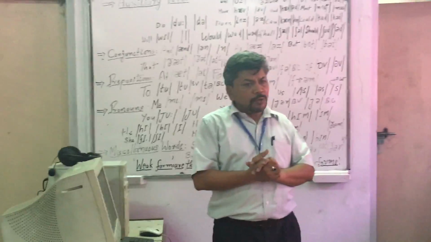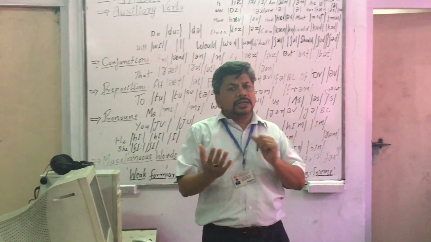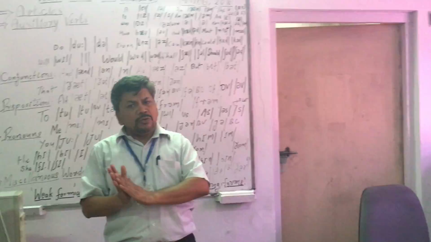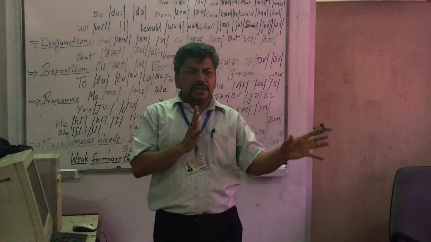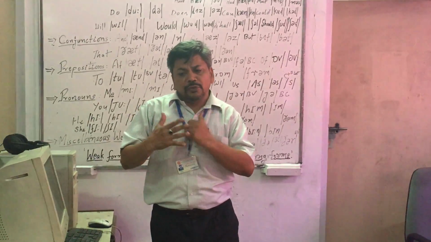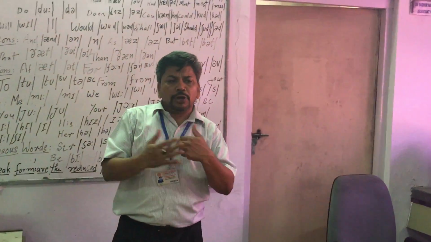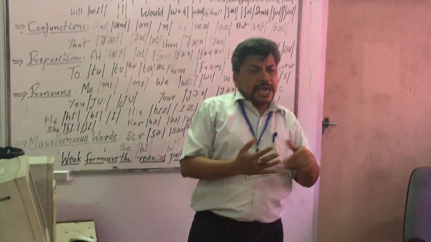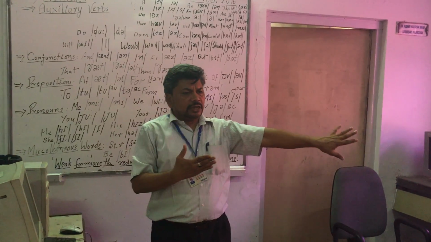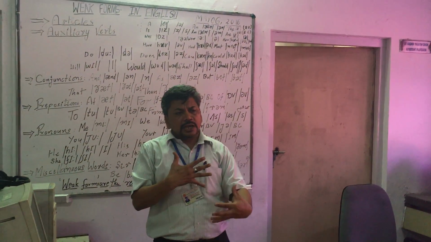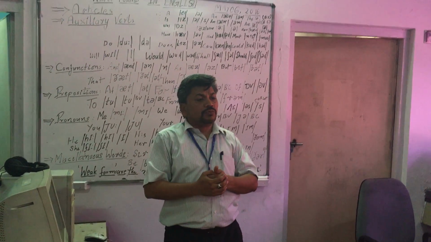The use of weak forms helps us in understanding the native speaker, his tone and his fluency, and it also adds to the fluency of non-native speakers. Communication barriers are reduced or can be eliminated by understanding the role and uses of weak forms in English.